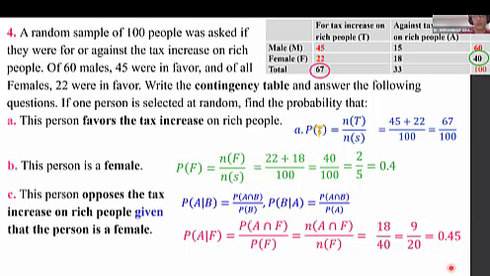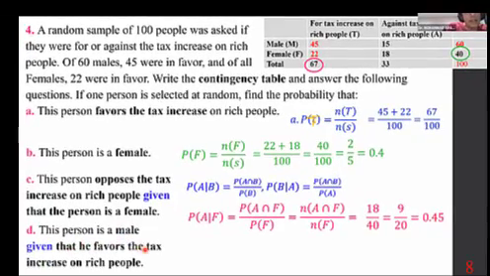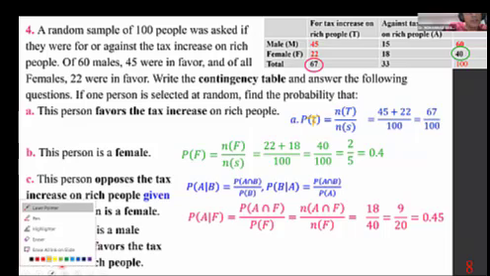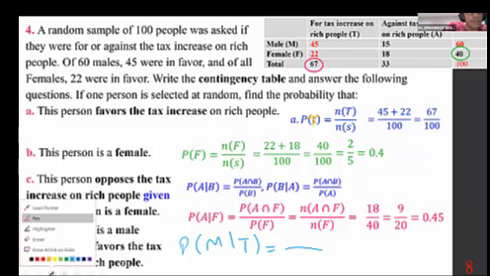The next one, I want to show you how it can be easily done, even without thinking of the formula, as follows. This person is a male, given that he favors the tax increase. So as far as the probability is concerned, the way we would write it, this person is a male and favors tax increase is T. Now, after the given, I'm going to start with this.